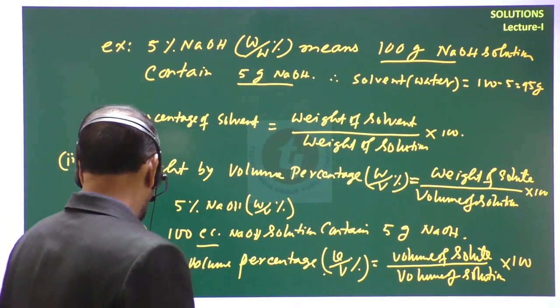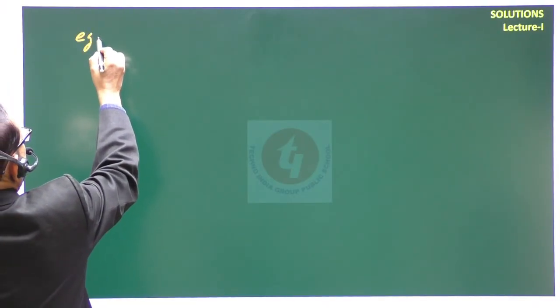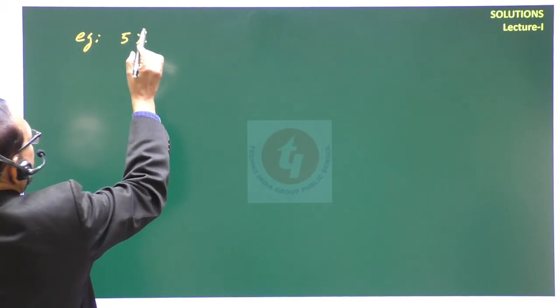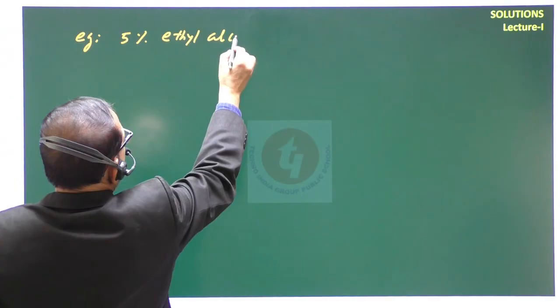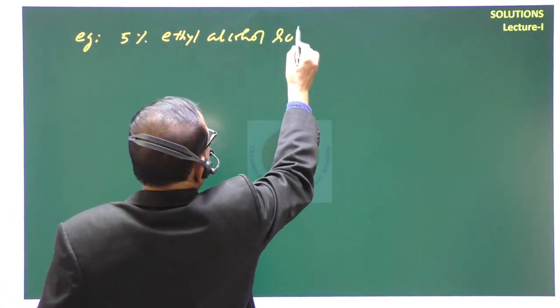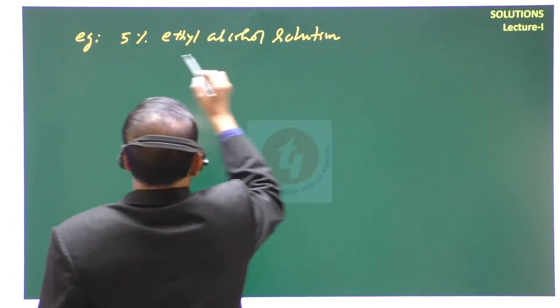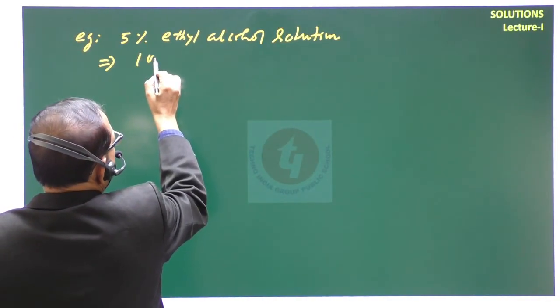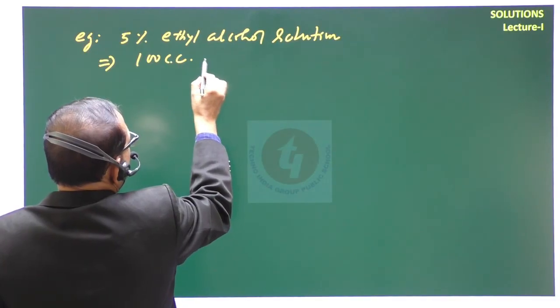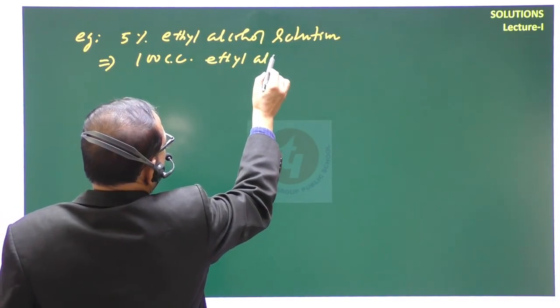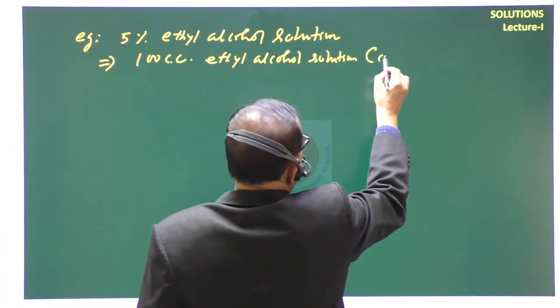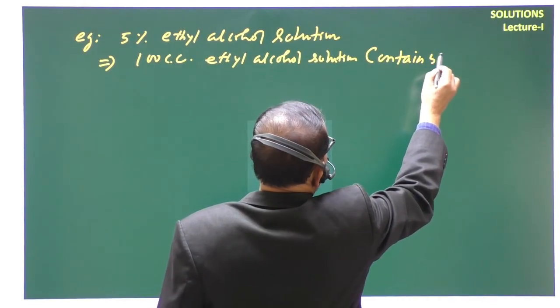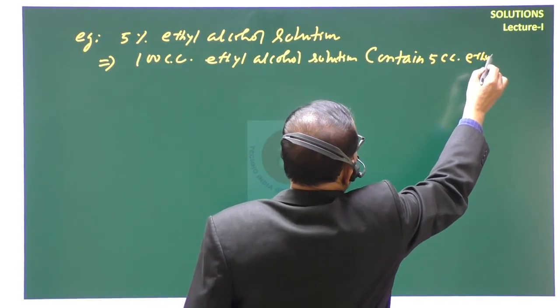One example we can give: 5% ethyl alcohol solution means 100 cc ethyl alcohol solution contains 5 cc ethyl alcohol.